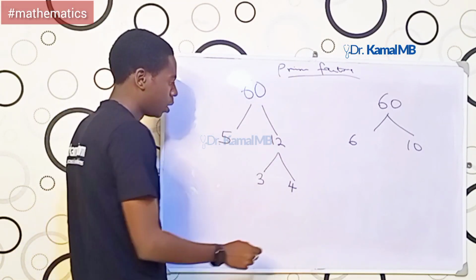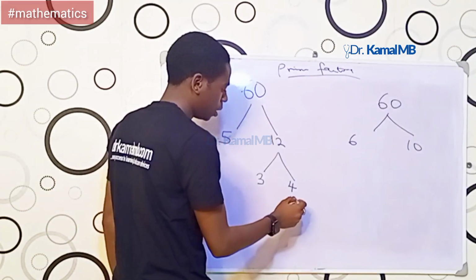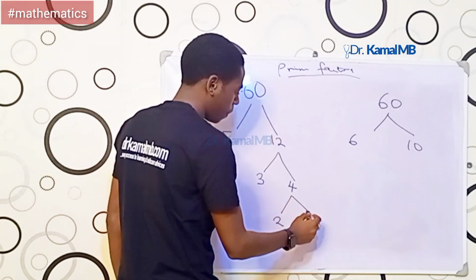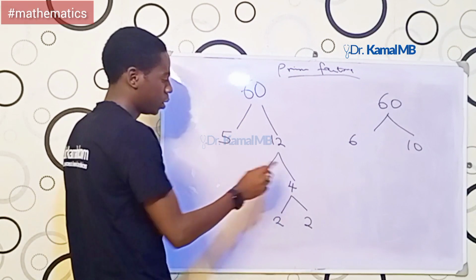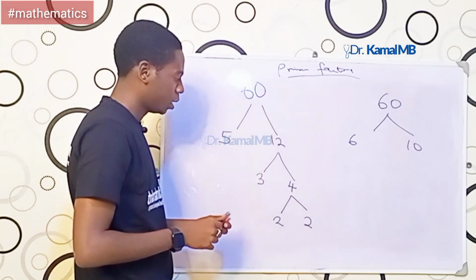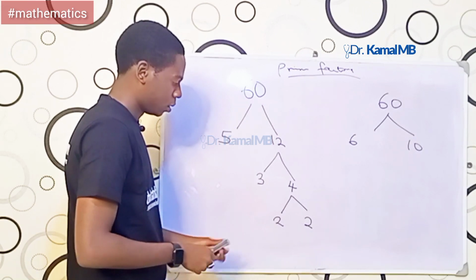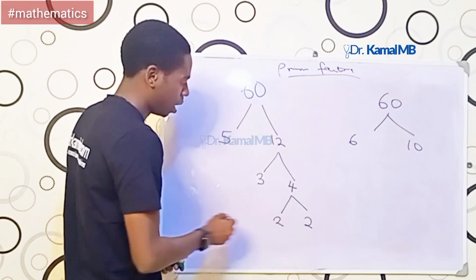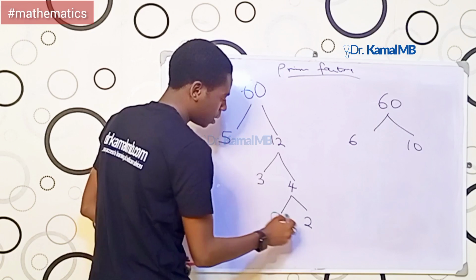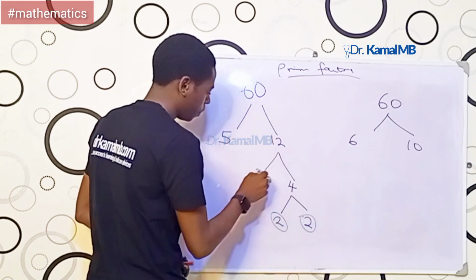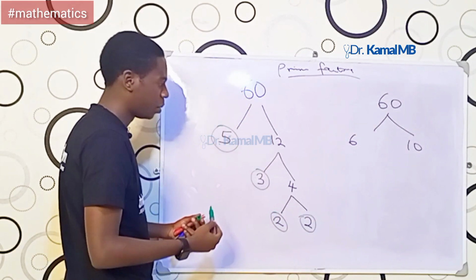And then you can also multiply 2 by 2 to get 4. So the end numbers are what you will be recording as the prime factors. The end of the branch.